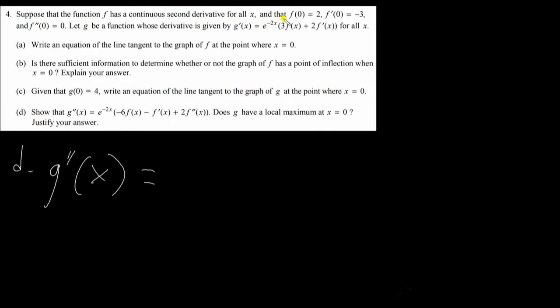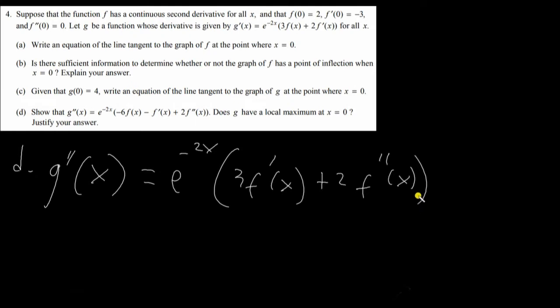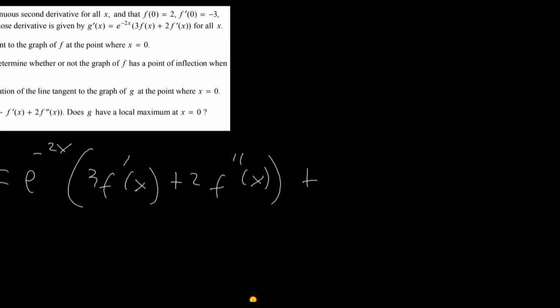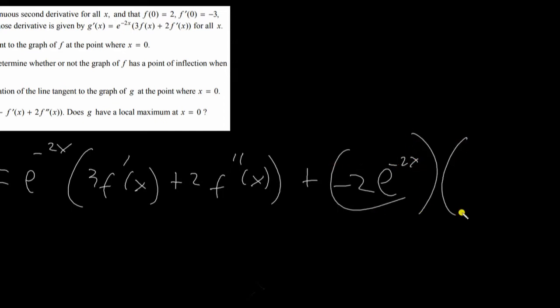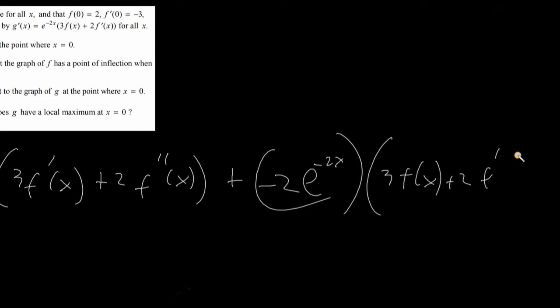So we're going to have e to the negative 2x times the derivative of this, which is 3 f prime of x plus 2 f double prime of x, plus negative 2 e to the negative 2x times 3 f of x plus 2 f prime of x.